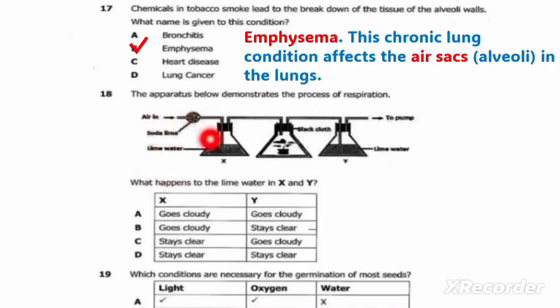So the air that will pass through lime water will have no carbon dioxide. And we know that carbon dioxide is capable of turning lime water milky. By the way, soda lime contains sodium hydroxide and calcium oxide.